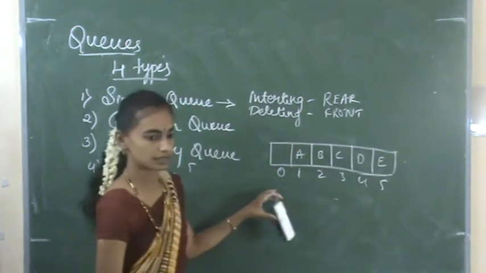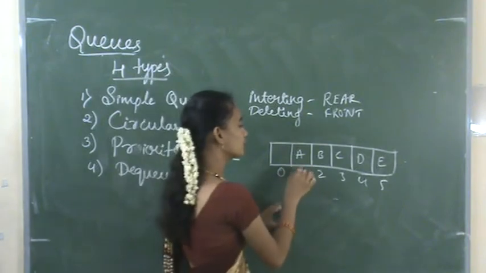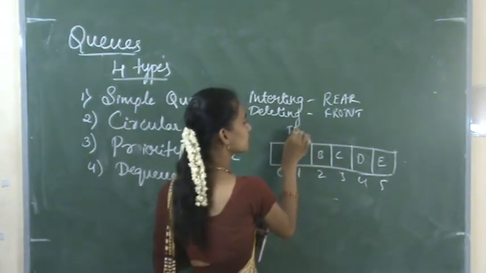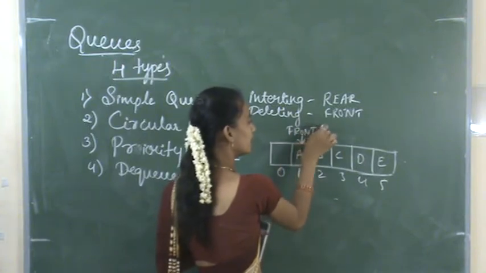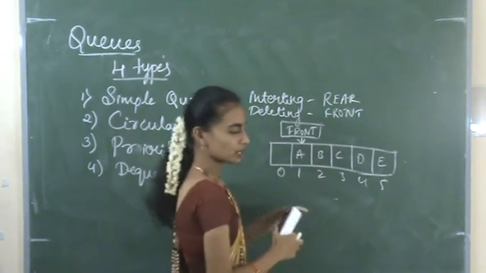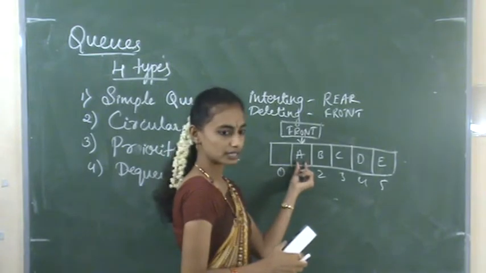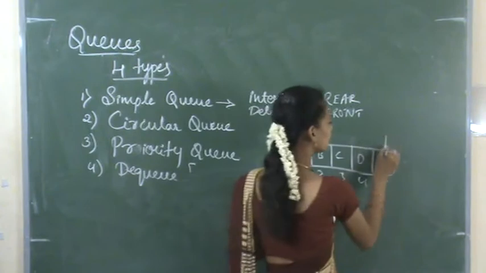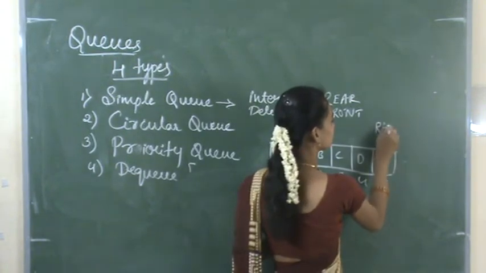Okay, suppose consider this as a queue. So this becomes the front of the queue, right? We are inserting the first element, A. So this becomes the front end and this becomes the rear end.